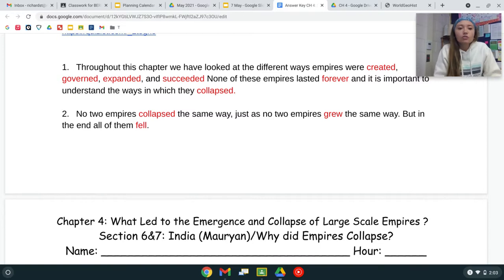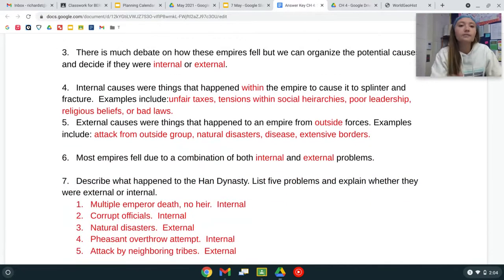Number 2, no 2 empires collapsed the same way, just as no 2 empires grew the same way. But in the end, all of them, what? Fell. Good. Number 3, there is much debate on how these empires fell, but we can organize the potential causes and decide if they were internal or external.